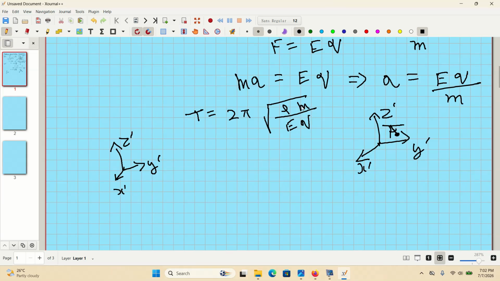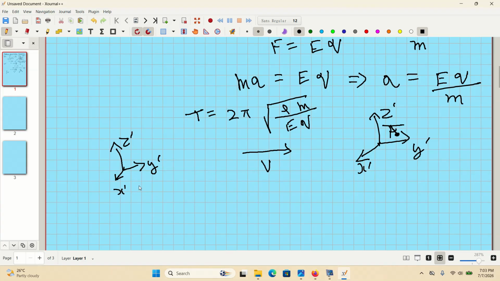All these factors depend on the direction of motion, like whether it is moving linearly along the y direction, or whether there is some motion towards the z prime direction.